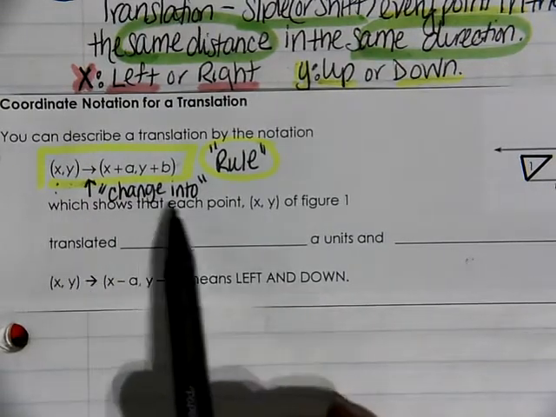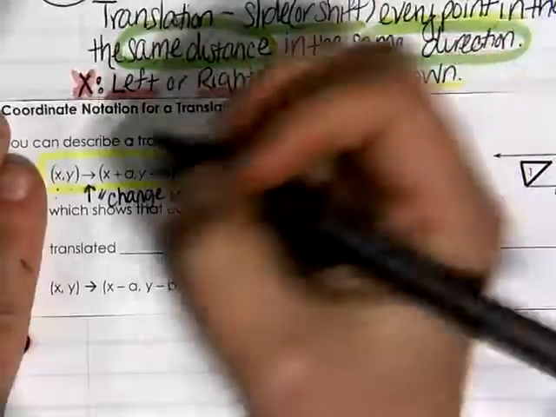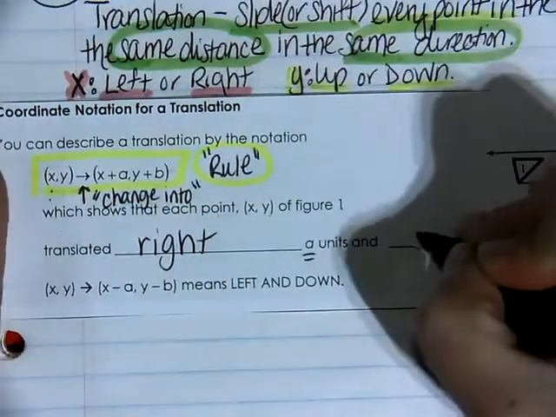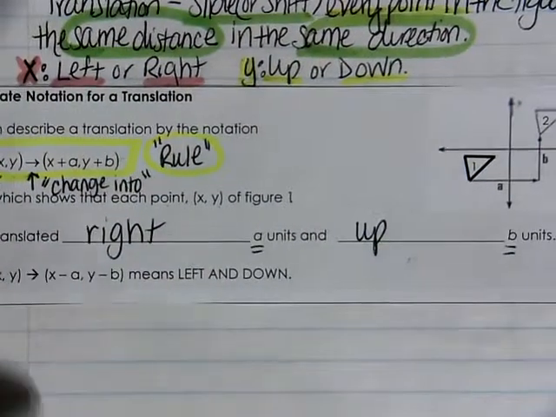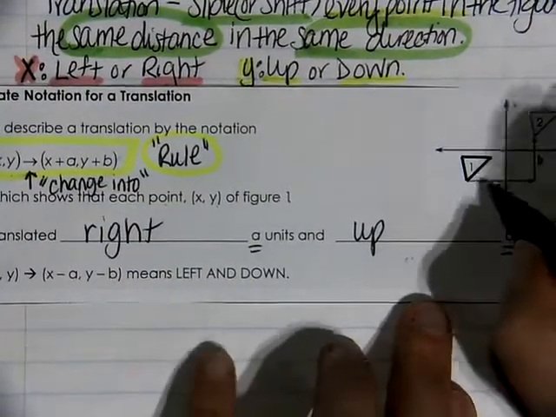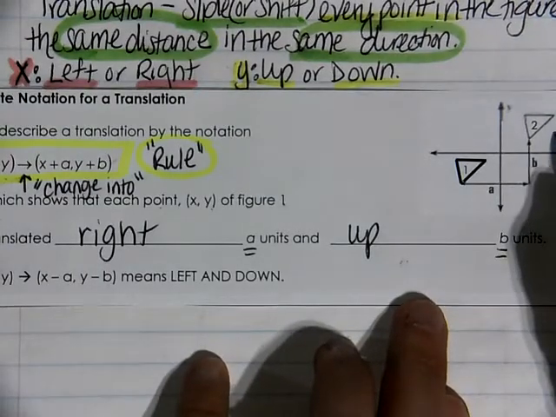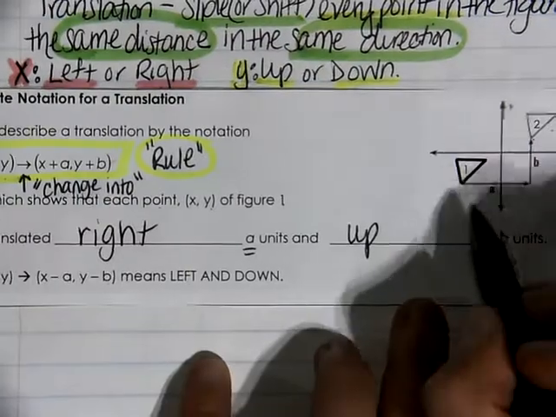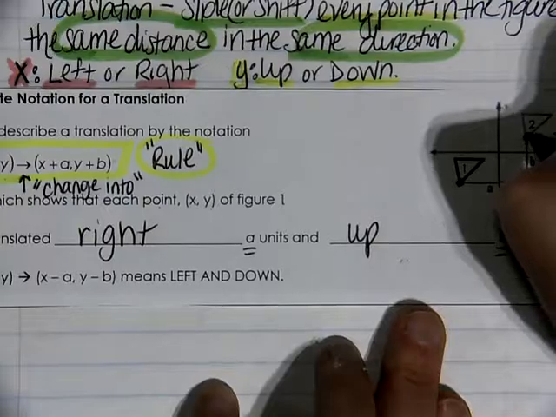This shows that each point (x, y) of figure 1 is translated to the right a units and up b units. So if figure 1 is our pre-image and figure 2 is our image, this one came first, this one came second, you have to ask yourself, how do you go from this point to this point?